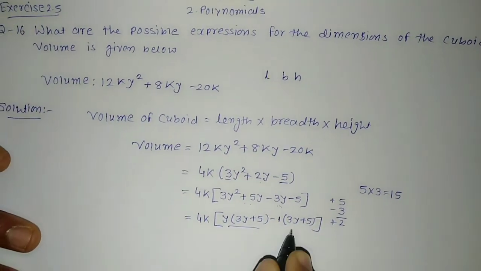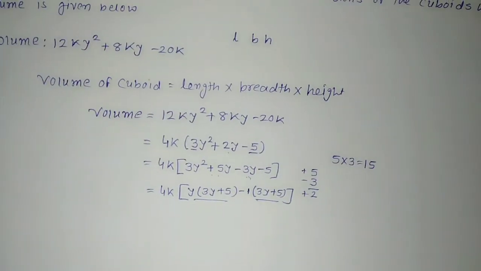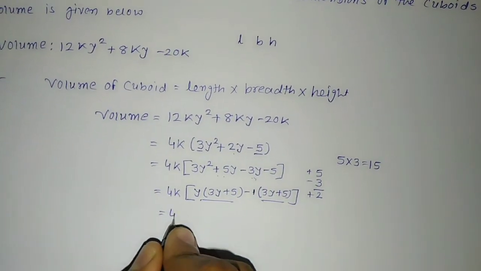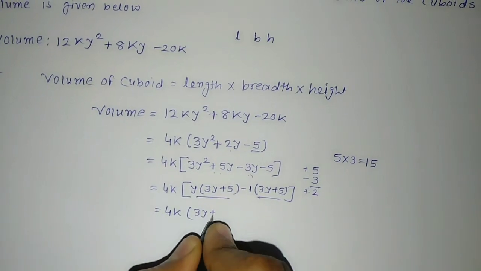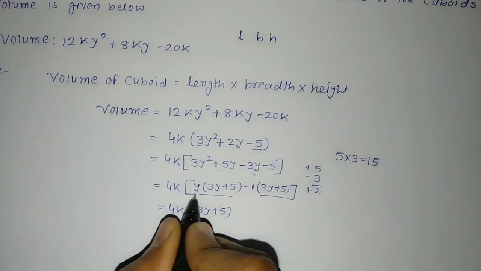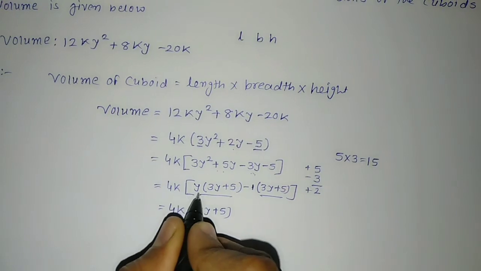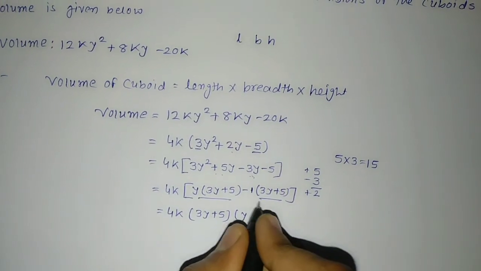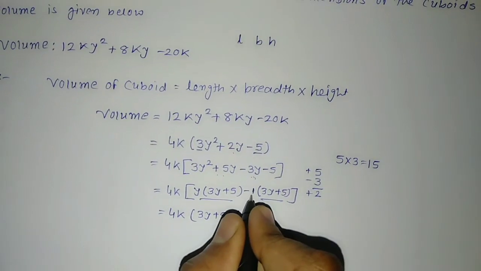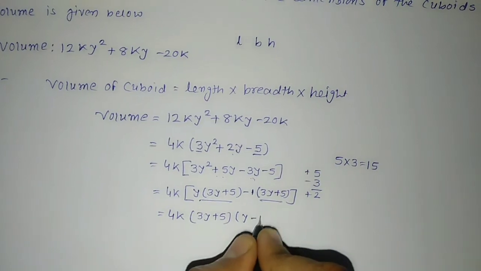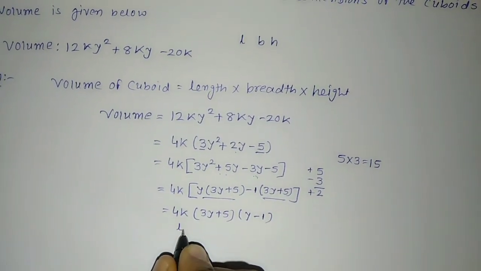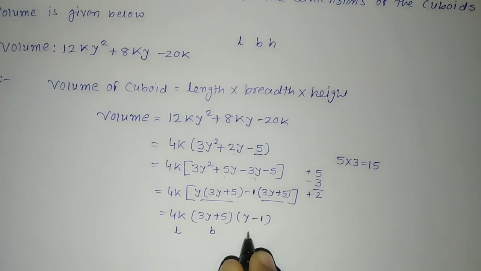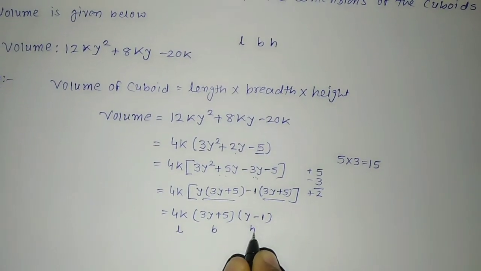Now 3y + 5 is common to both, so I take it common outside: 4k(3y + 5). From the first term, y remains, and from the second term, minus 1 remains. So we got these three terms. One will be considered as length, another as breadth and another as height.